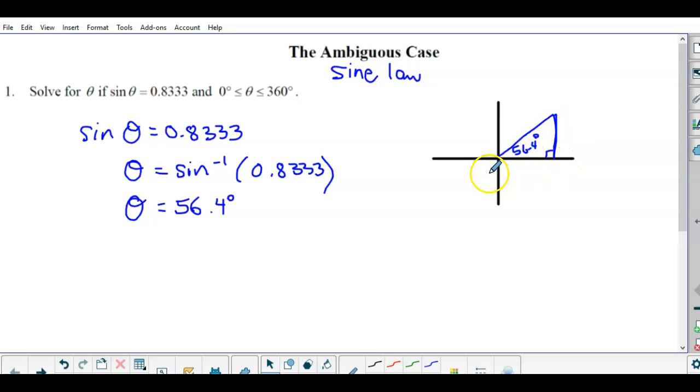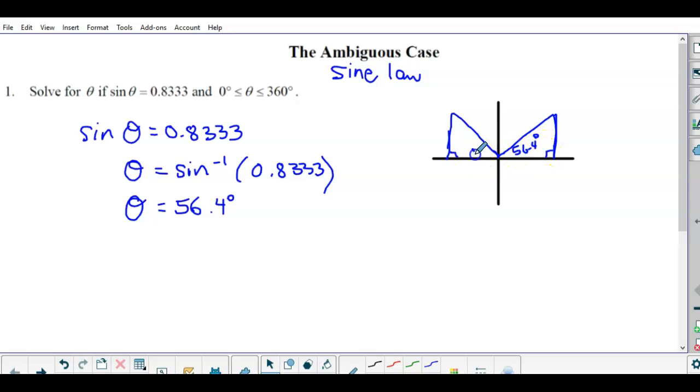That's great. The thing is, if I take that line that I've just drawn and do a reflection in the y-axis and draw a triangle there, that triangle is exactly the same as the one on the right.